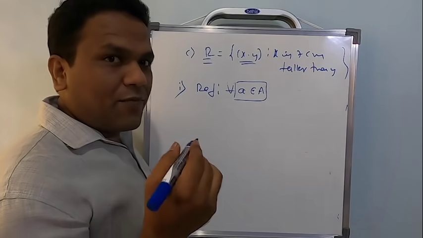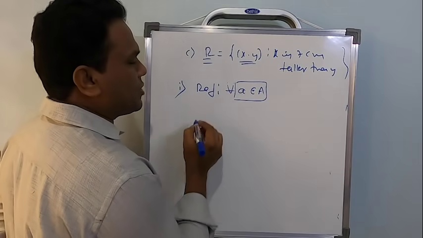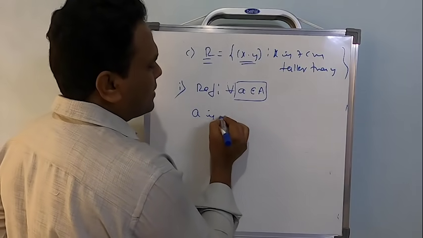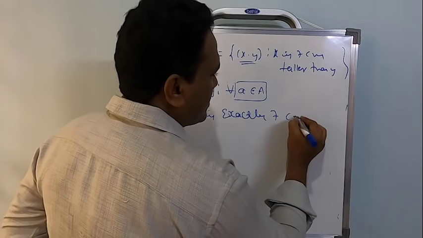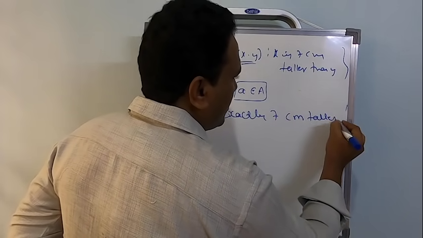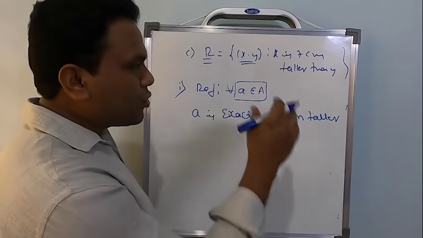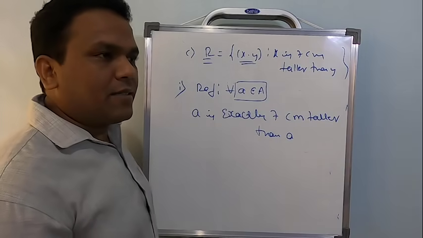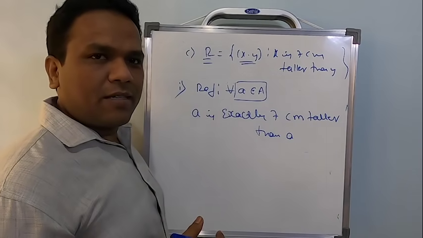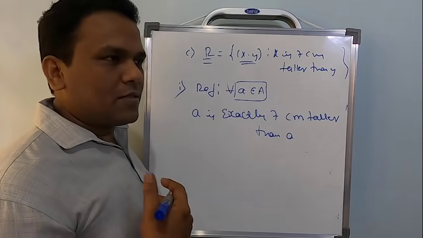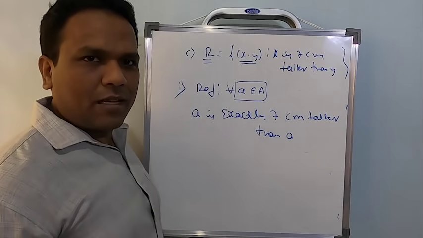Now if it has to be reflexive, I will write a statement on that, then I will show you. If it has to be reflexive, then A is exactly 7 centimeter taller than A. Suppose it is reflexive, this should be the statement. Can you say that you yourself are taller than yourself by 7 centimeter? No. If I just see in the mirror, me and my image are going to have the same length, right?